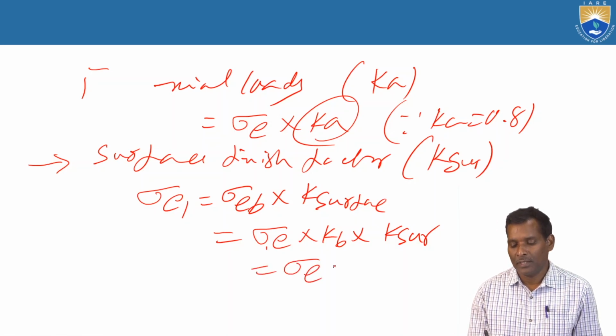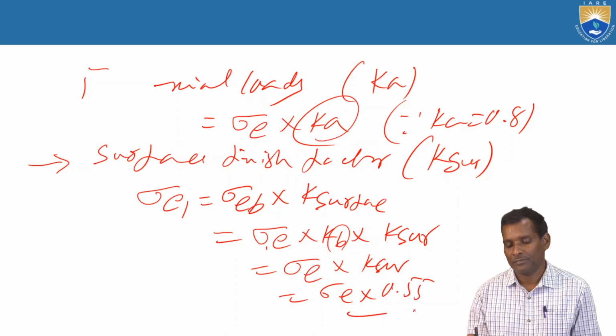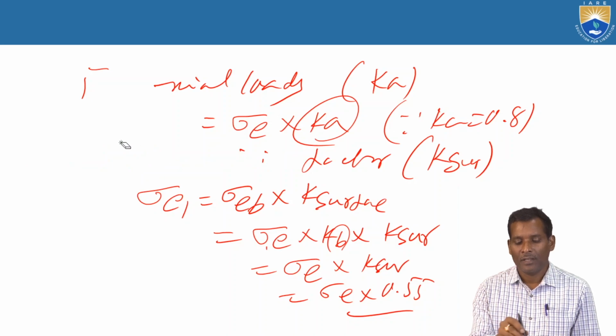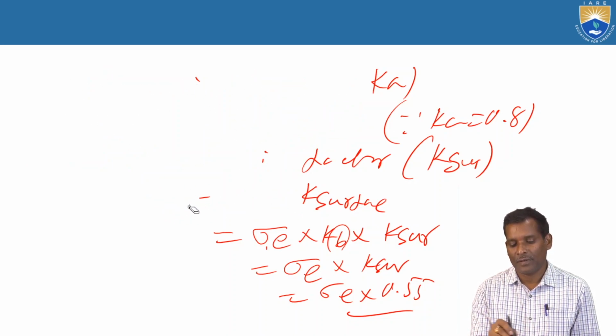Here KB is equal to 1 and K surf you may take 0.55. So you will get the endurance limit for bending loads while considering the surface finish factor.